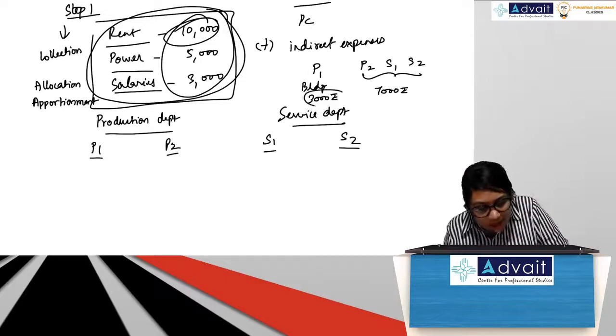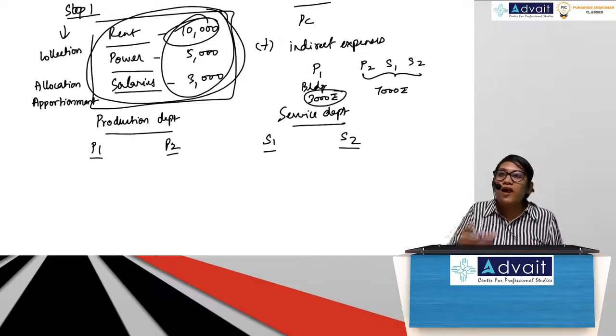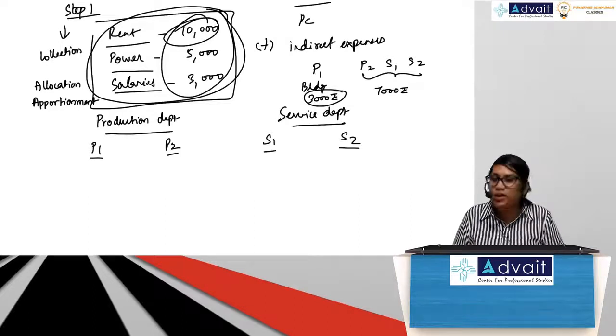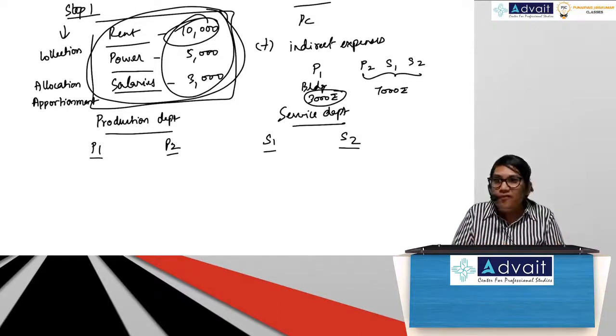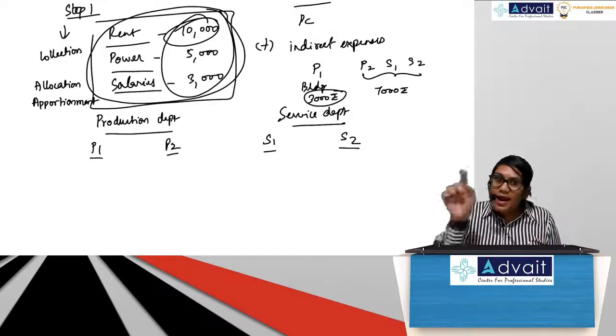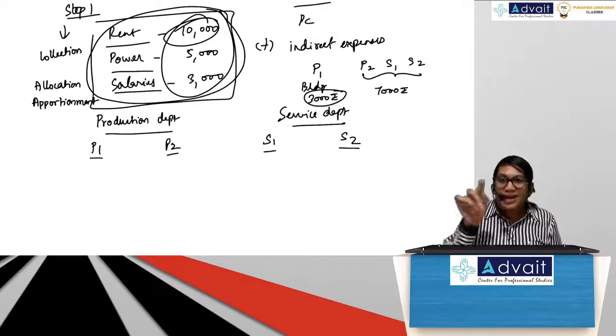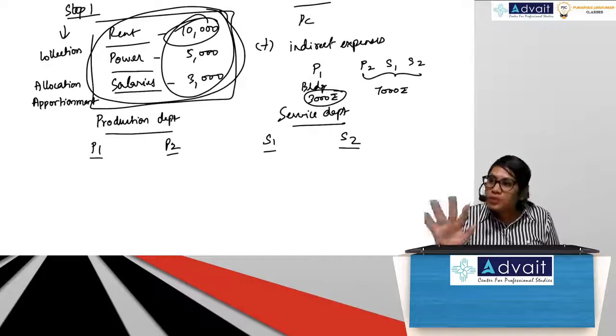Now when you look at 3,000, where will you send this amount? To whom will you send this? You saw this and you told me, correct? Why? Because it's very clear. P1 is in that building, only P1 is there, nobody else is there, and I am paying a rent of 3,000. So that rent of 3,000 is paid only towards P1.